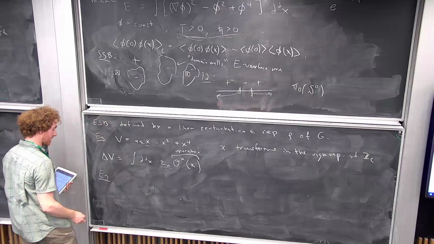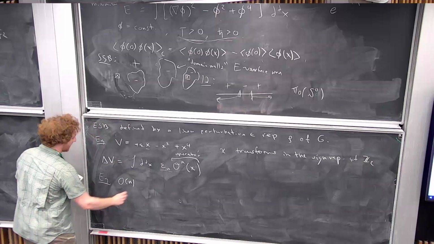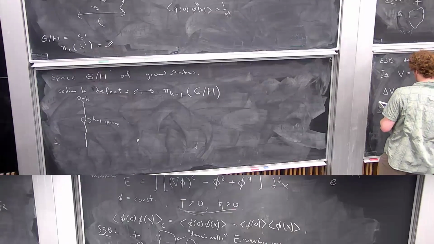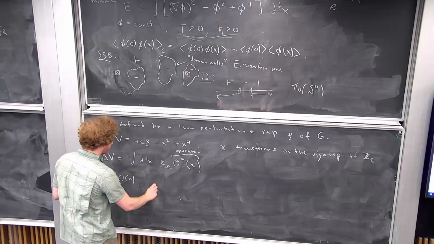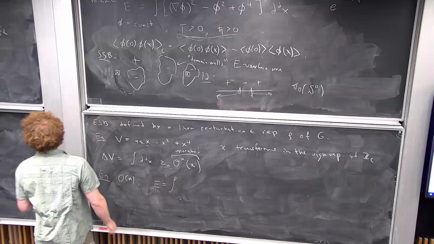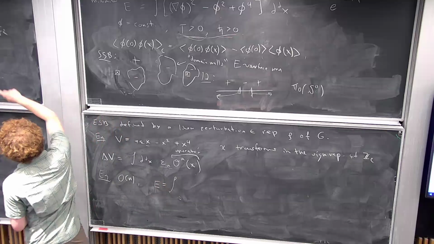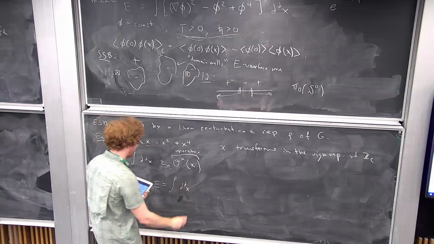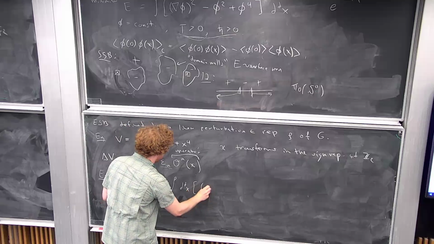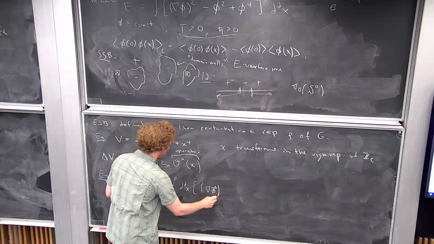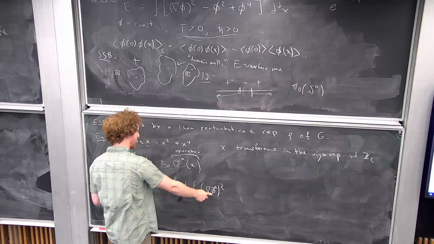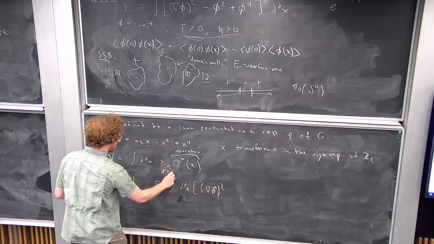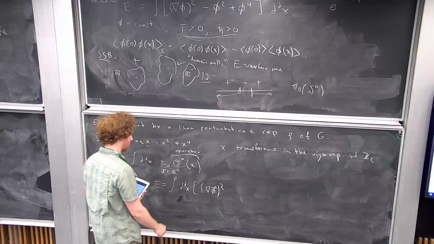So for example, a more interesting example, we have O(N). We can think about a generalization of this U(1) breaking story, where now we have a field phi, which takes values in R^N.